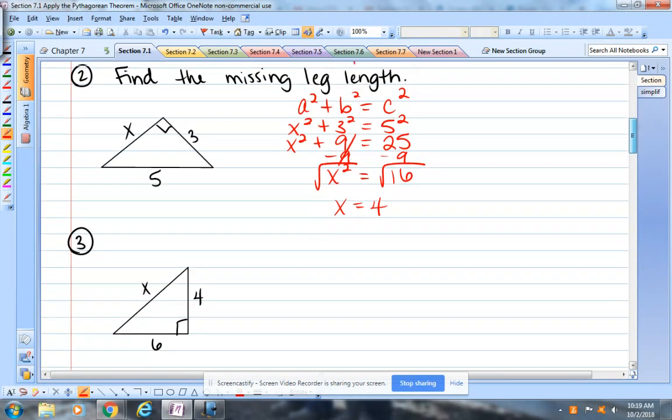All right, y'all try this one for me. Are you looking for a leg or a hypotenuse? Try it real quick on your paper. And why don't y'all simplify that radical, since we practiced that yesterday.